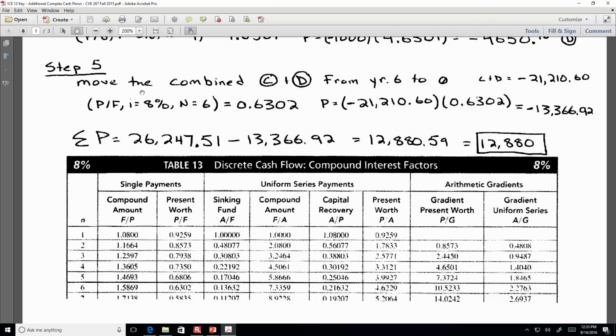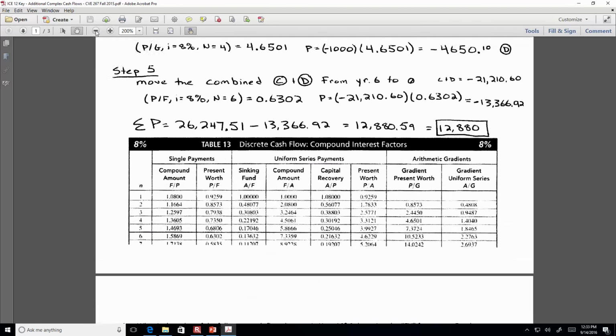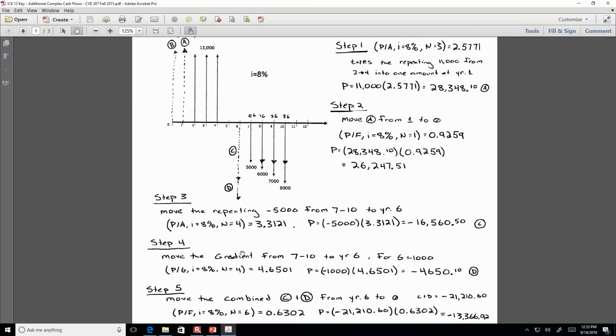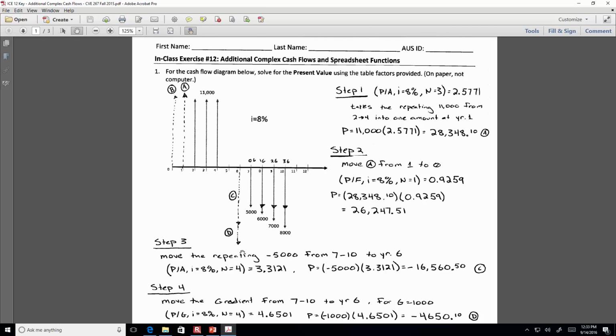If I multiply this factor of 4.6501 by the gradient value, which in this case is 1,000, then it will tell me what is the present value of that 1,000, and that is where this amount came from. The amount that I'm calling D. So sometimes you'll have to use those equations, other times it'll be about the factors.